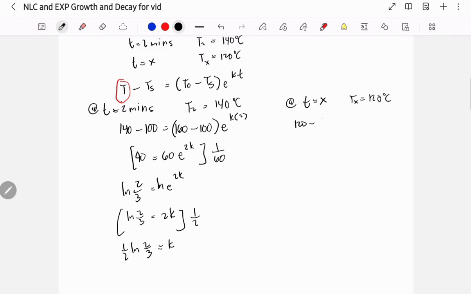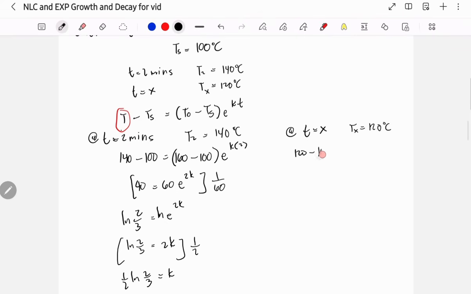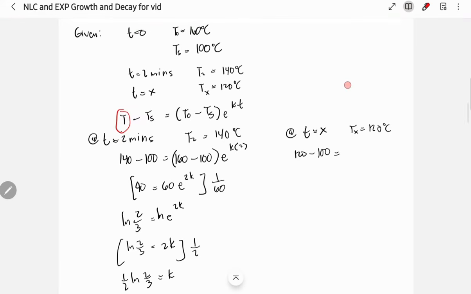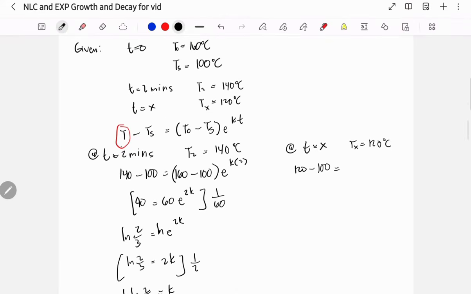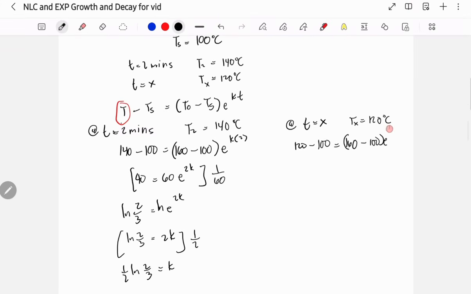TS is 100, equals T sub O, which is 160, minus TS 100, e to the k. Our k is 1/2 ln 2/3, right? 1/2 ln 2/3, then multiply to x.